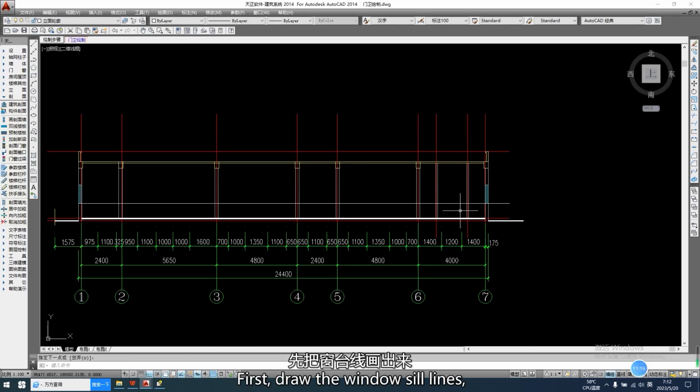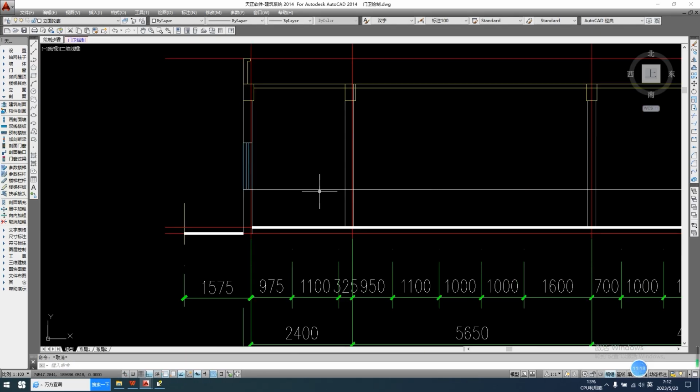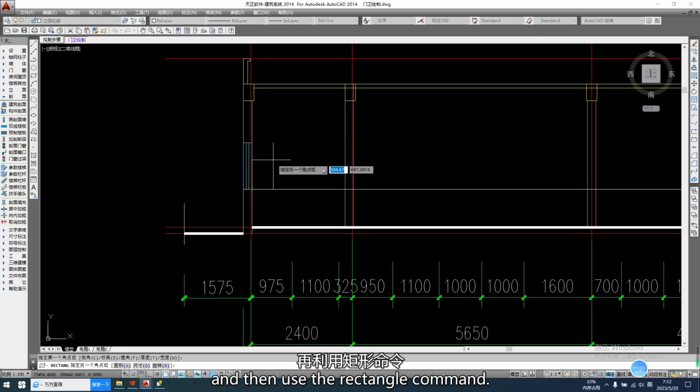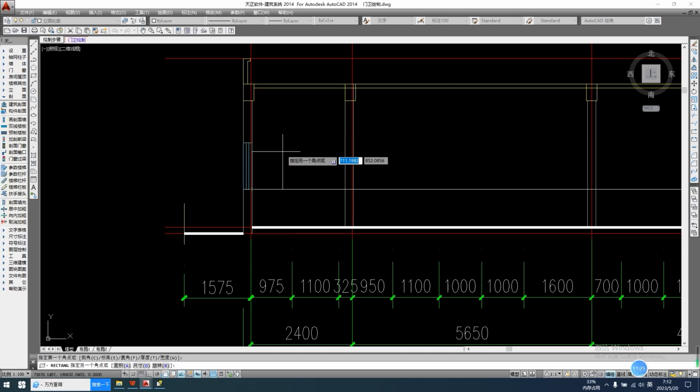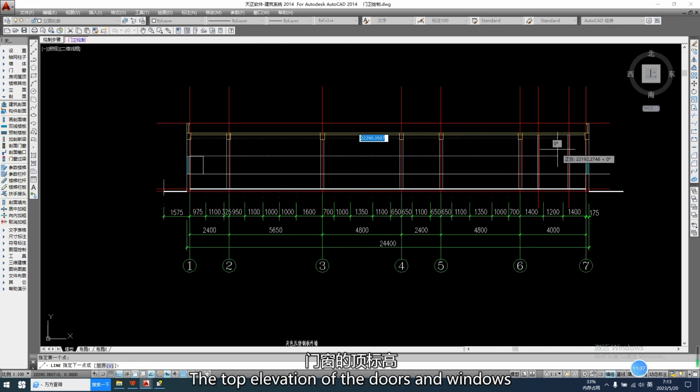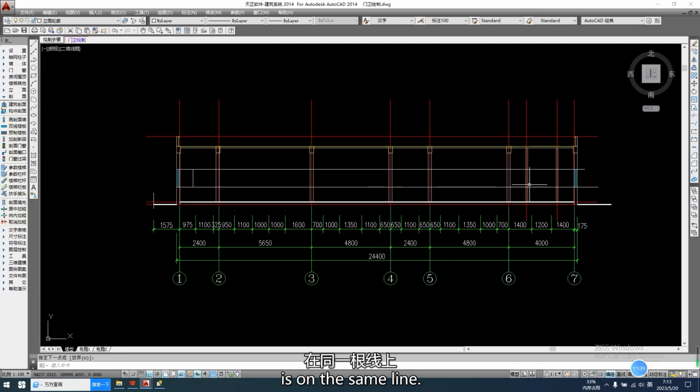First, draw the windowsill lines, and then use the rectangle command. The top elevation of the doors and windows is on the same line.